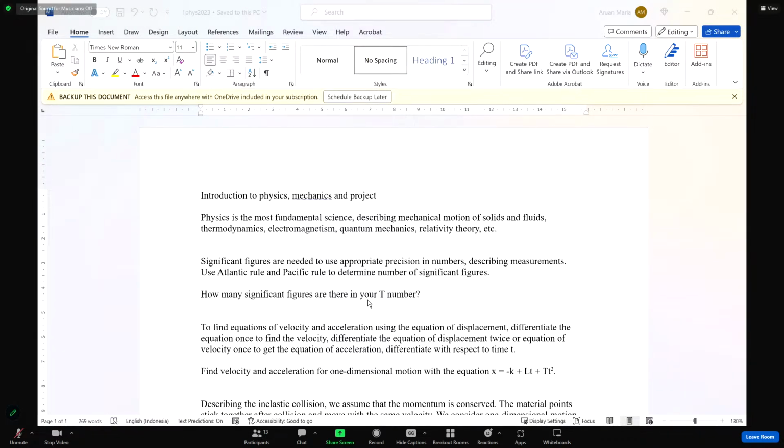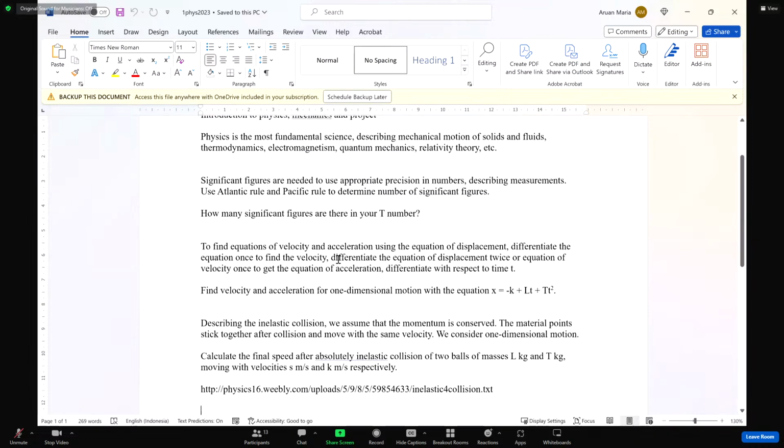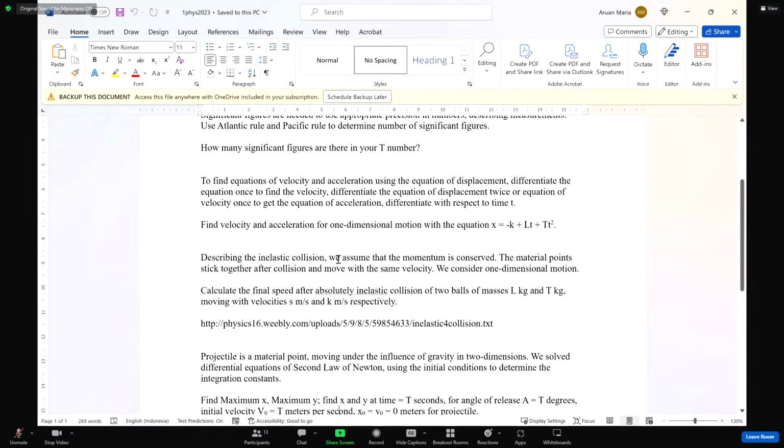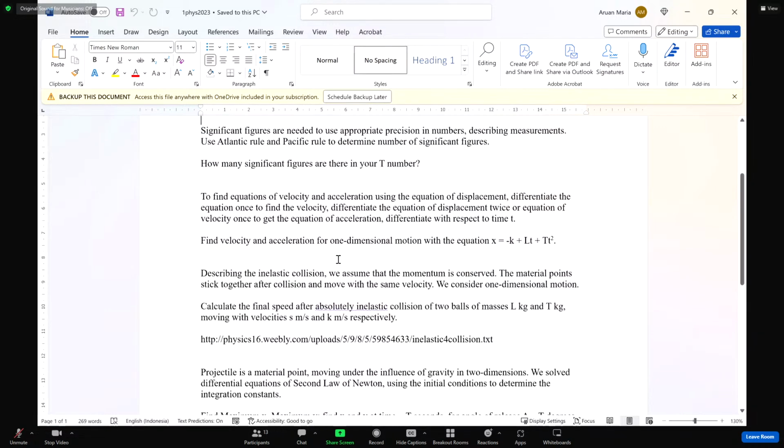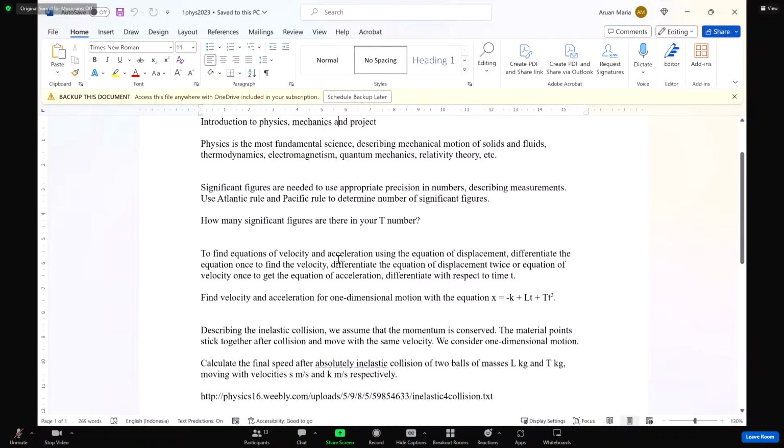So number 1, introduction to physics. That's what we start with. So the questions are basically the same as we discussed in the task, but maybe in more details.